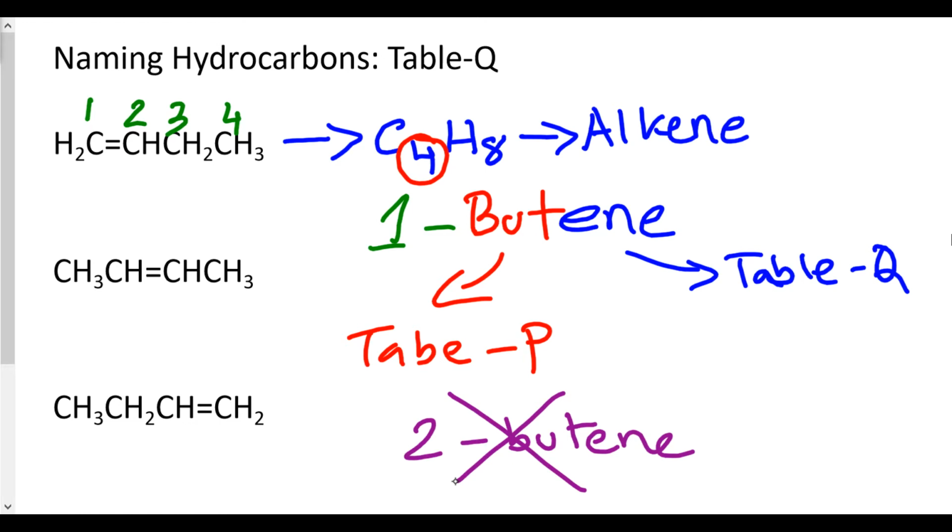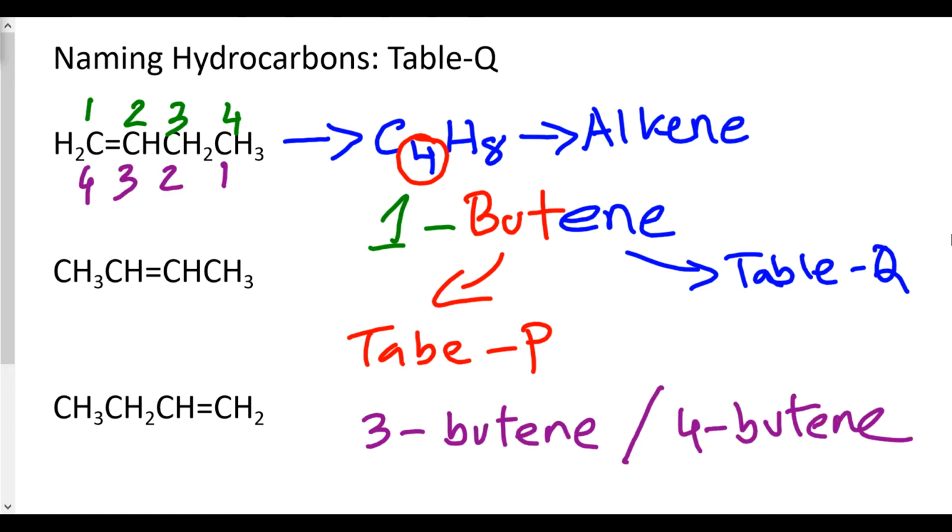So again, remember, always pick the lowest possible number. Therefore, if you have an option between 1-butene or 2-butene, in this case, the double bond is between the first and second carbon, and therefore we will go with the name 1-butene or just butene.